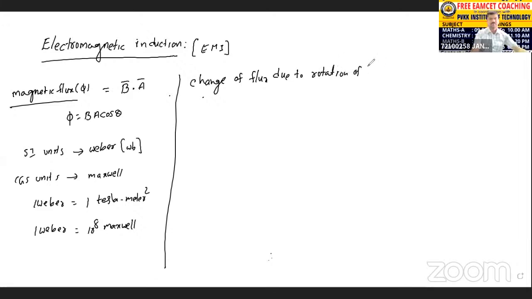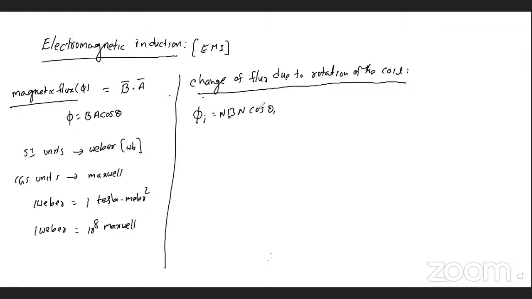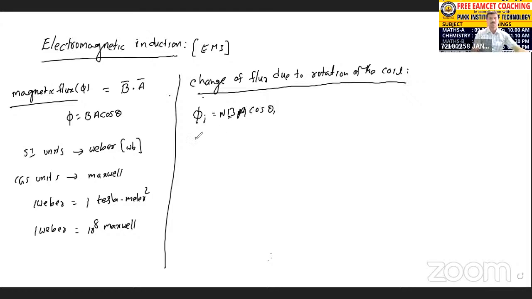We know that the initial magnetic flux phi is equal to BA cos theta. For N turns, phi i is equal to NBA cos theta 1. Next, the final magnetic flux phi f is equal to NBA cos theta 2.